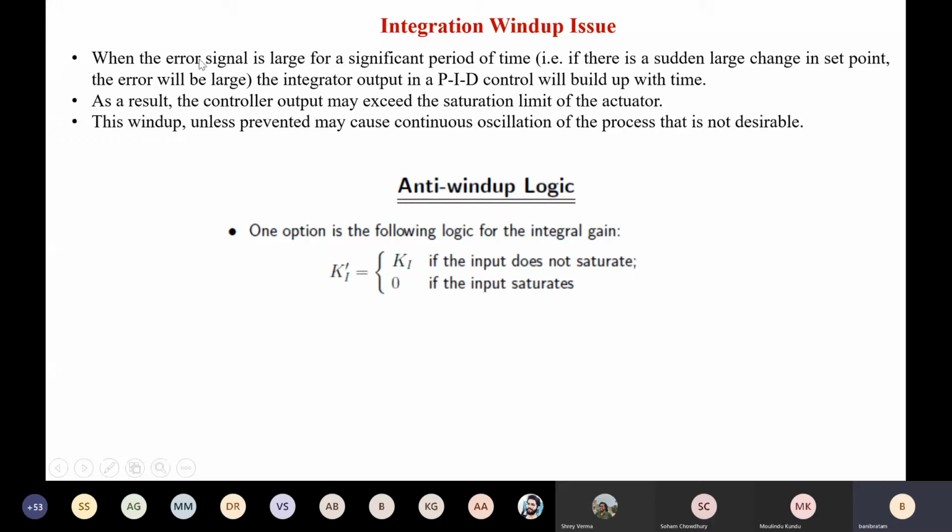So when the error signal is large for a significant period of time, or if there is a sudden large change in the set point, then that will also cause the error to be large. Then what will happen? The integrator output will build up with time, and as a result, the controller output might exceed the saturation limit of the actuator.